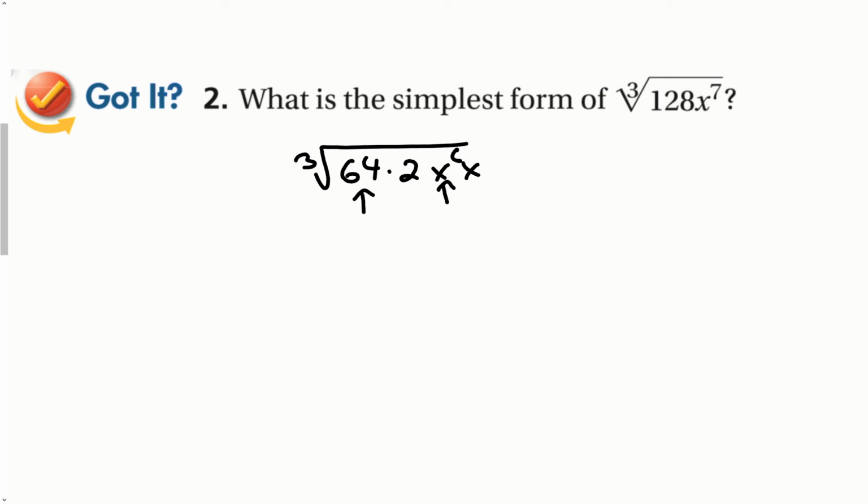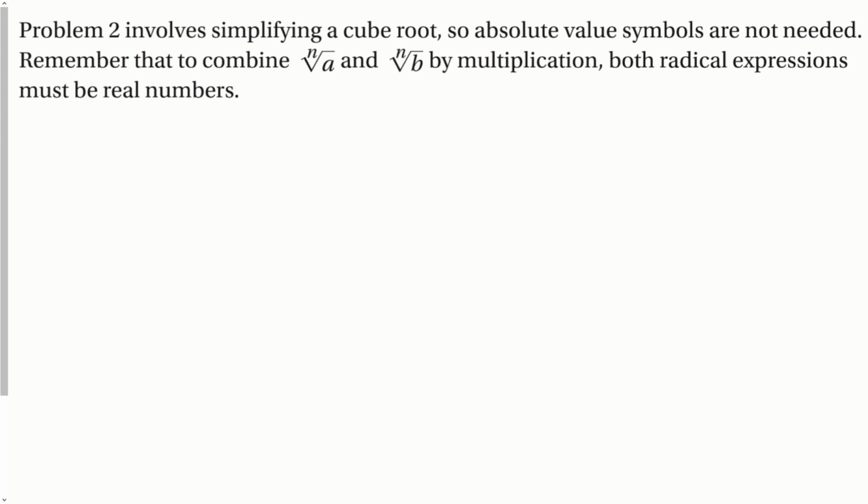The 64 and the x to the 6th can come out and turn into a 4 and an x squared. And the leftover is going to be a 2x. Okay? And again, this is an odd exponent, so both of those problems involve a cube root, so no absolute value symbols are needed.